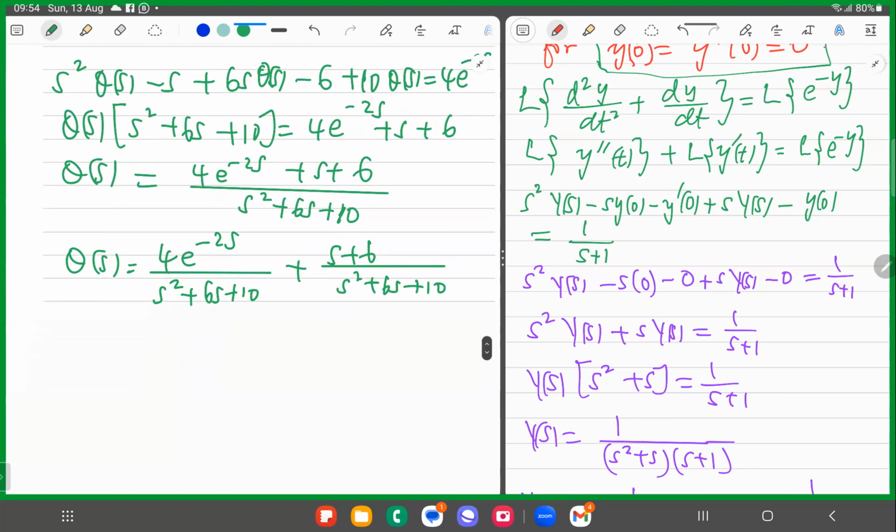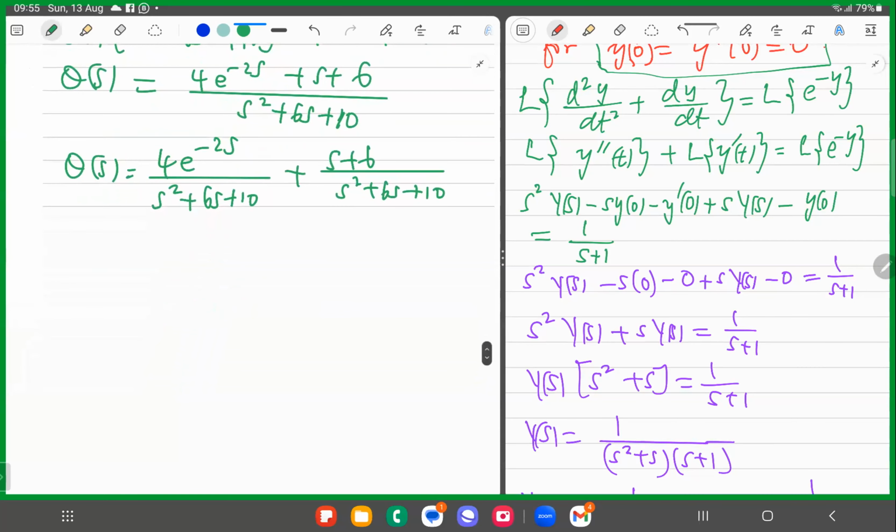These can all be done. What is the Laplace transform of e to the that and s to the that? To do this Laplace transform, you need to break this one apart. To break that one apart, you can factorize the denominator. What are factors of 10?